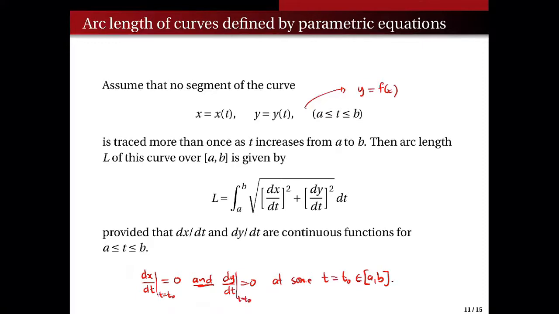So we don't want the derivative of x with respect to t equals 0 and the derivative of y with respect to t equals 0 at some point t equals t naught. So if at least one of them is non-zero, we say that the curve is smooth.